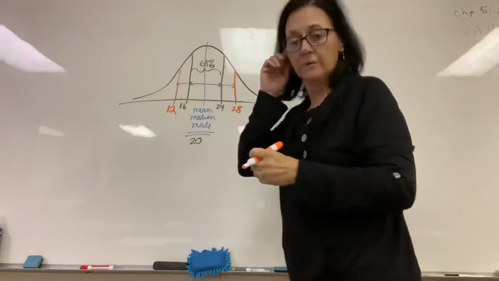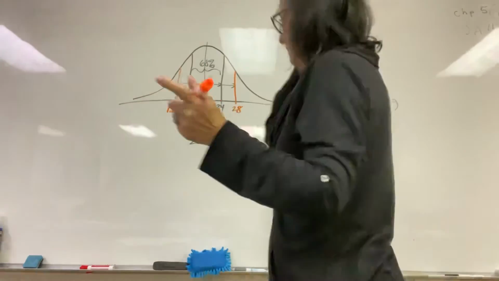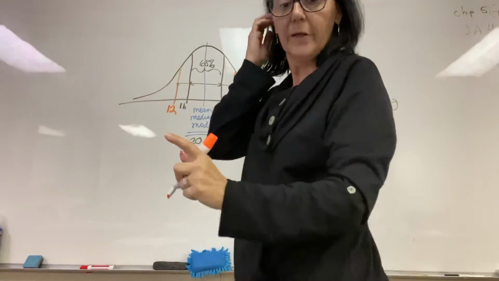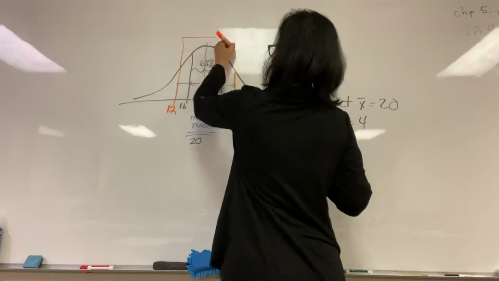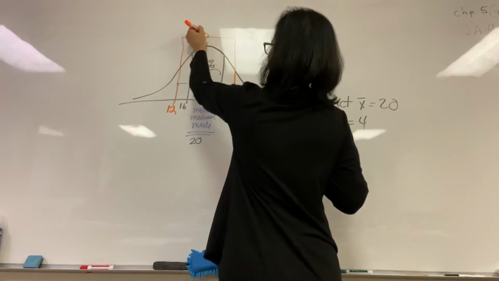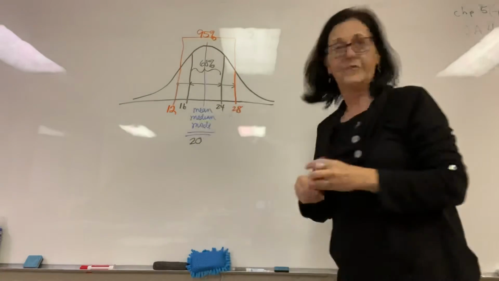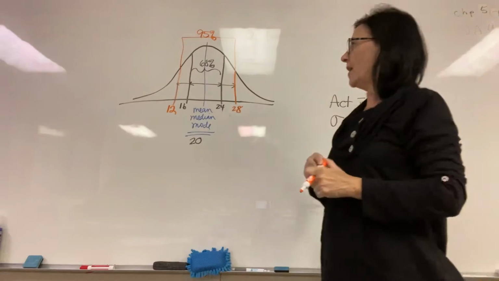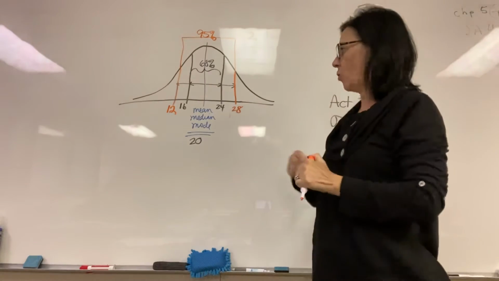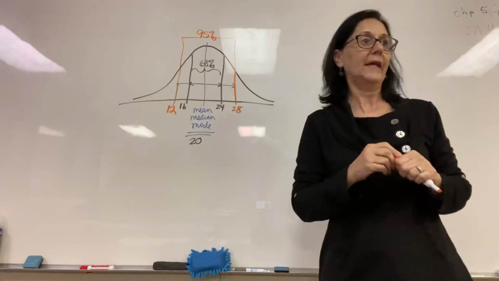Such that, look at your picture, this would include 95% of the people. That probably is pretty close. Probably 95% of the population score between a 12 and a 28 on the ACT.